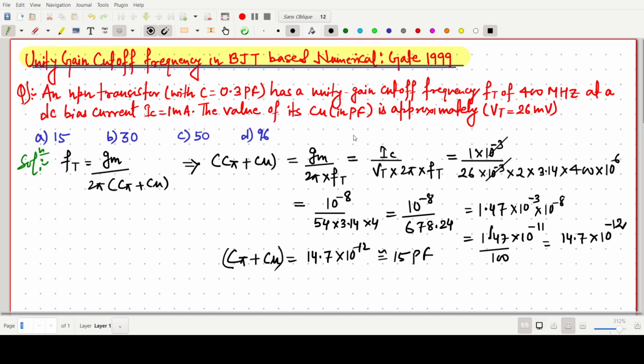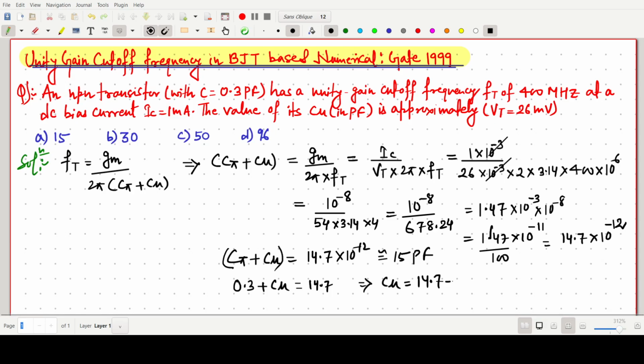In this question we have to find the value of C mu, and C is given as 0.3 picofarad. There is some confusion, but if we take this C pi as nearly 0.3 picofarad, then the C mu value will be 14.7 minus 0.3, which is 14.4 picofarad.